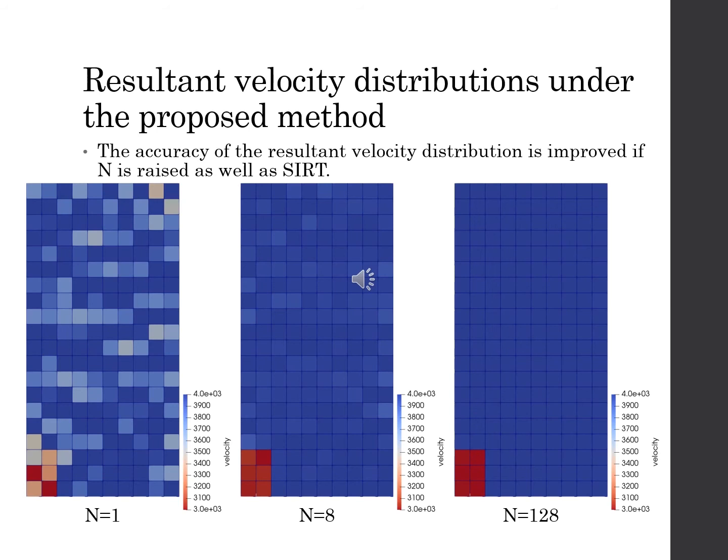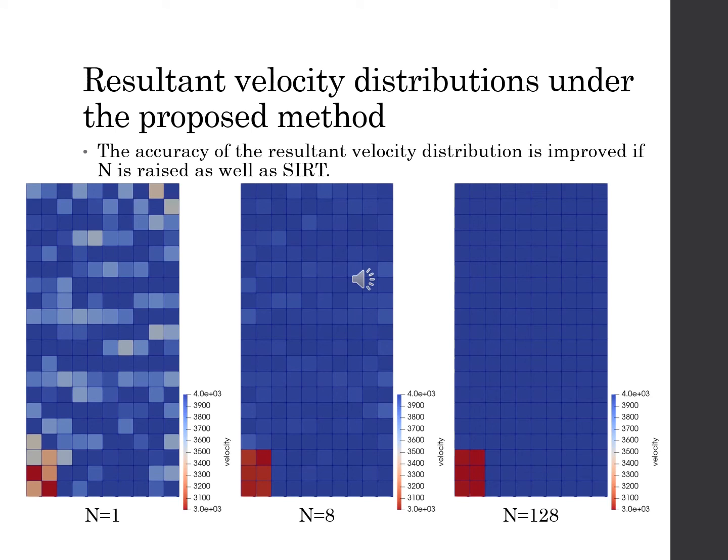This slide shows the resultant elastic wave velocity distributions on the basis of the proposed technique. The calculation condition is the same as the previous numerical investigations. As we see, the tendency of the resultant elastic wave velocity distribution doesn't change from the previous numerical investigations.